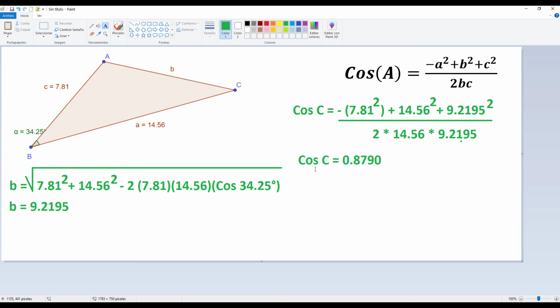So now this is the result of that operation.